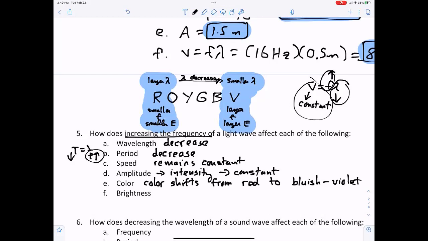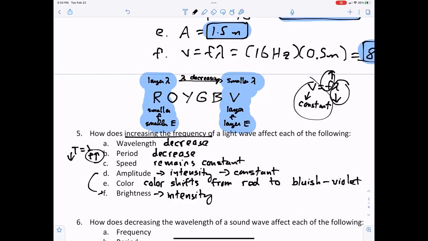And then finally, brightness. Well, brightness relates to the intensity. Kind of like amplitude. Amplitude relates to intensity. So the brightness relates to the intensity of the light. Well, changing the frequency doesn't change the intensity. They're independent of each other.